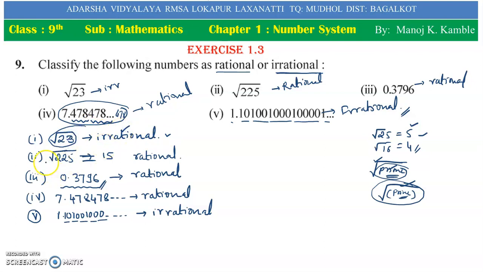A perfect square becomes rational. In Roman 3, the decimal expansion is terminating, that's why it is rational. In the fourth, the decimal expansion is repeating, so it is rational. In the last question, Roman 5, non-terminating with non-recurring digits are present, so it becomes an irrational number. I think you understand well. Thank you.